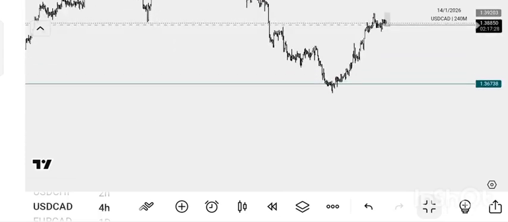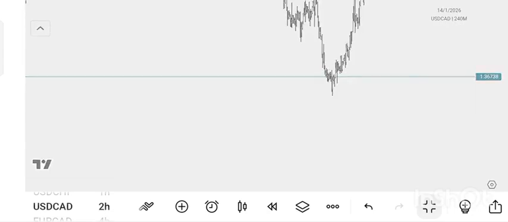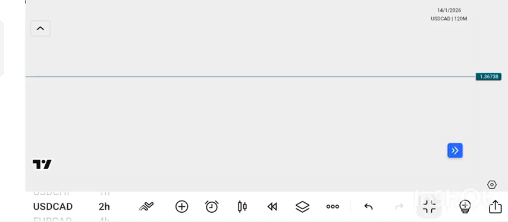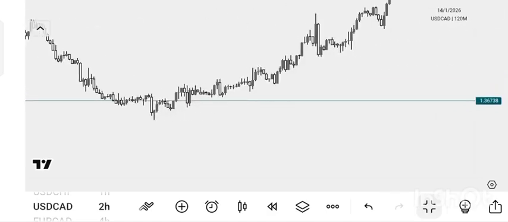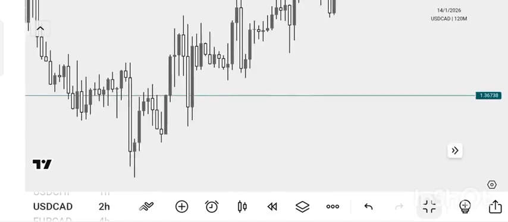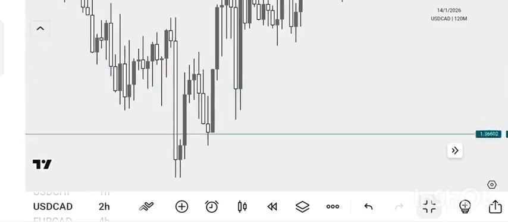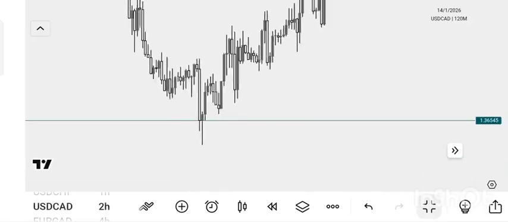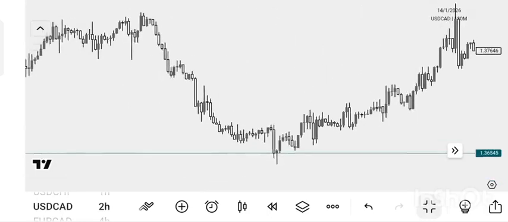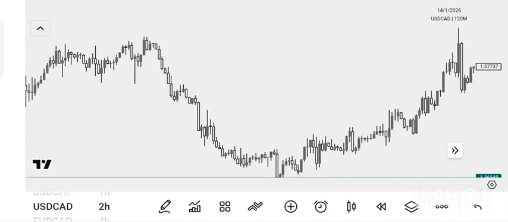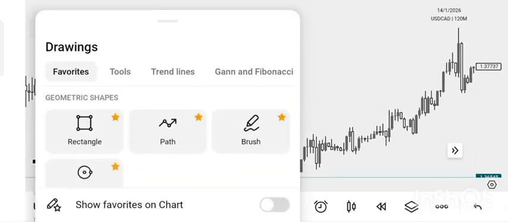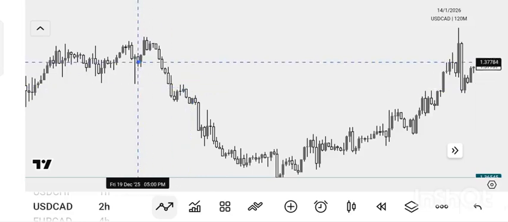Alright, so let me just go to the 2 hours time frame and show you something. So price was bearish before. What can you see? Price was creating a series of lower lows and lower highs. Price swept liquidity, broke out.